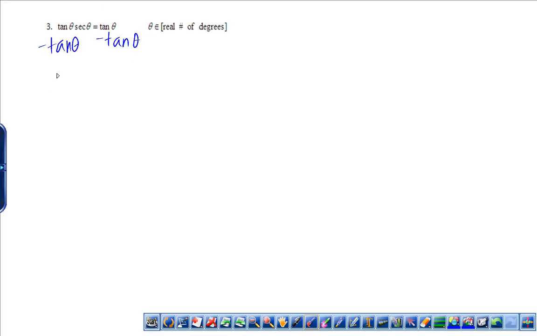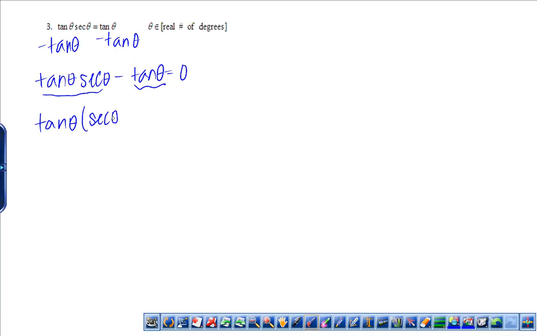So subtracting on both sides, I end up with tangent theta secant theta minus tangent theta, and that's going to be equal to 0. Okay, so now I've got two terms, and both of these have a tangent theta in them. So I can factor out a tangent theta, leaving me with a secant theta minus 1. And I'm still equal to 0.